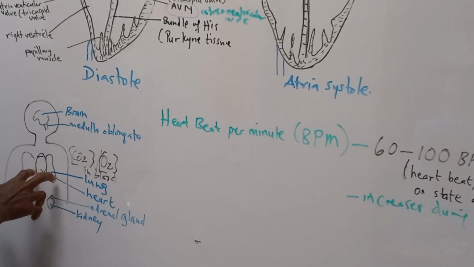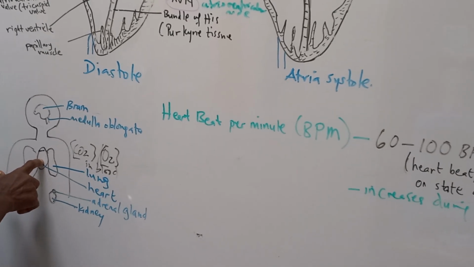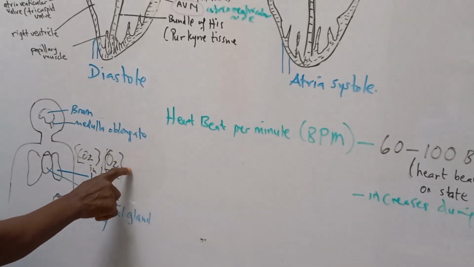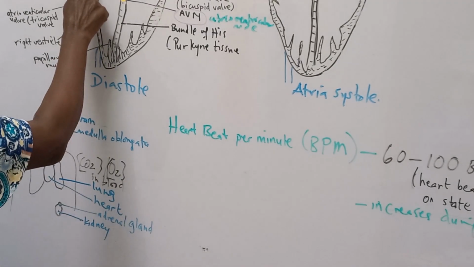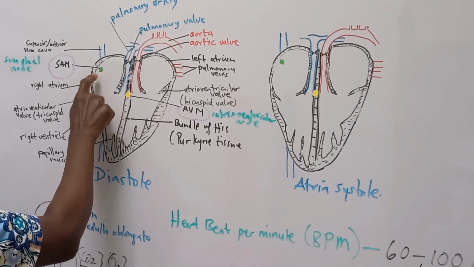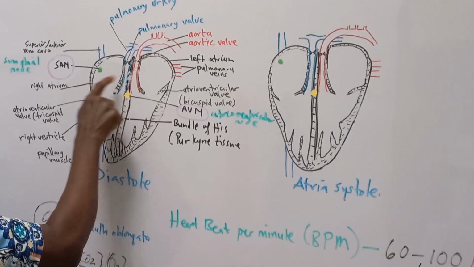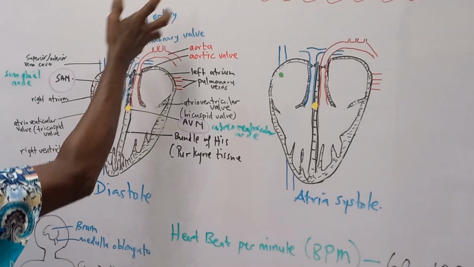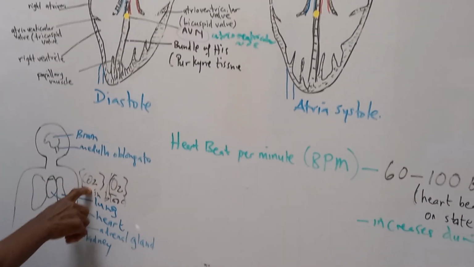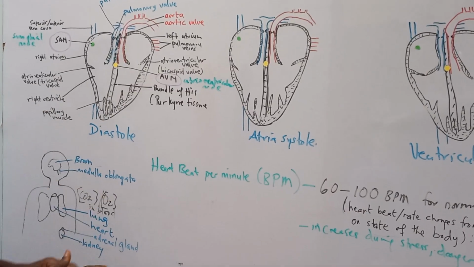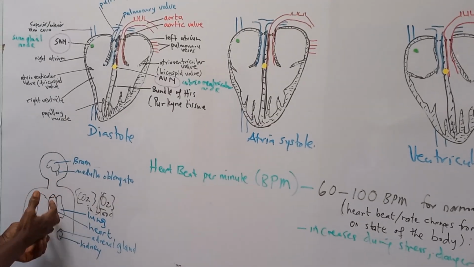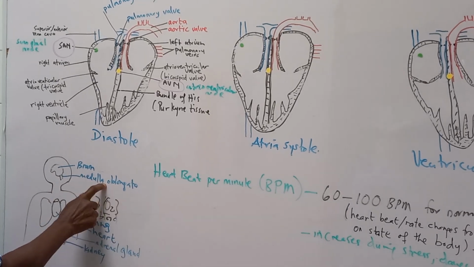The rate of respiration will increase and the heartbeat will also increase, because the medulla oblongata will send signals that affect the sinoatrial node, the pacemaker, and cause it to work faster to pump blood to the body, and breathing rates increase to get more oxygen into the blood. So the medulla oblongata is one.